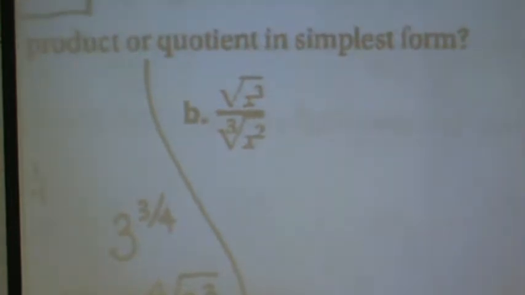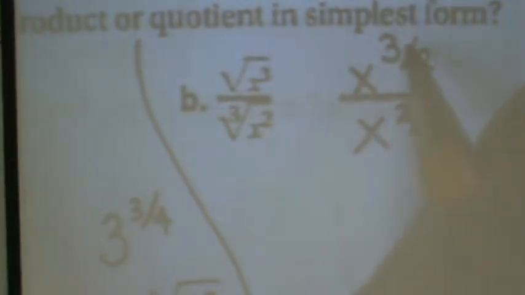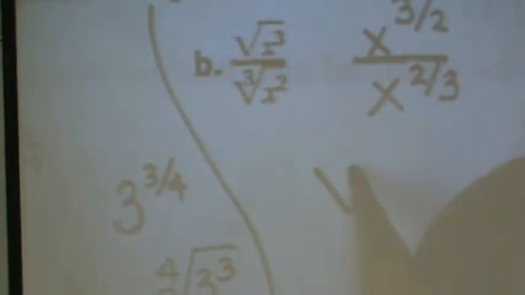Okay, anyone think they can talk me through B? How do you do B? Put it into exponential form. What's the numerator in exponential form? X to the 3/2, over X to the 2/3. Now, bases are the same, and what operation are we doing? Division. So what do we do with these exponents?